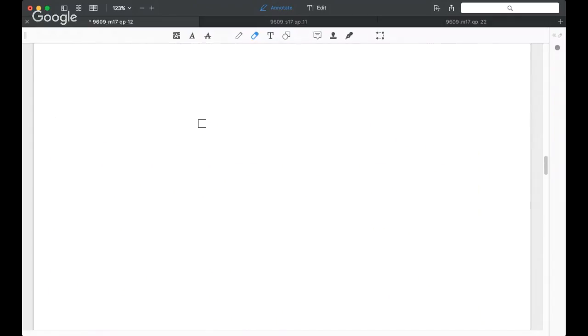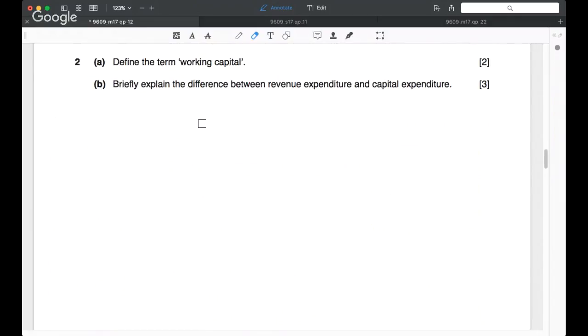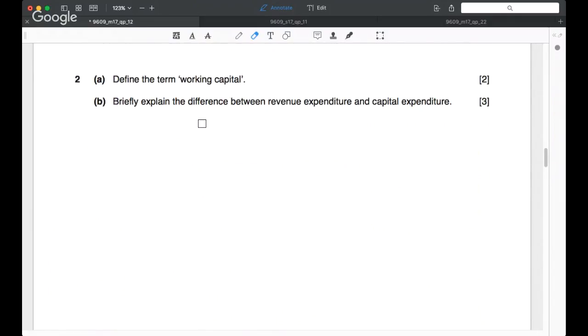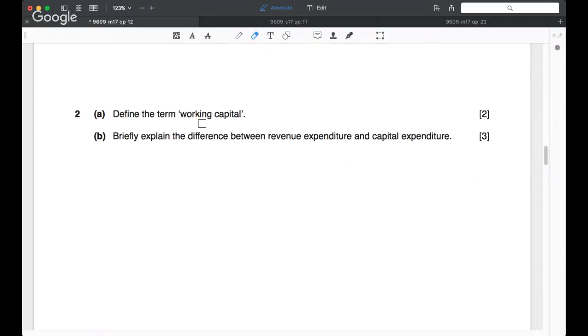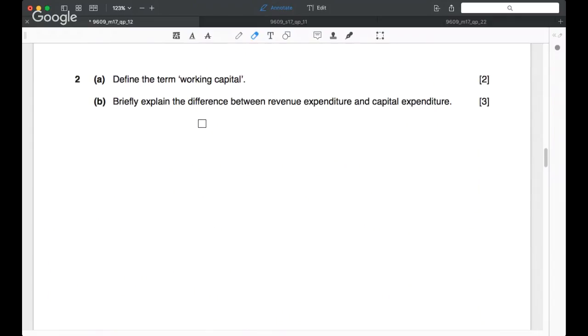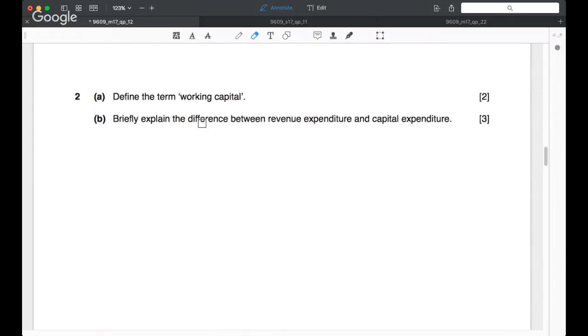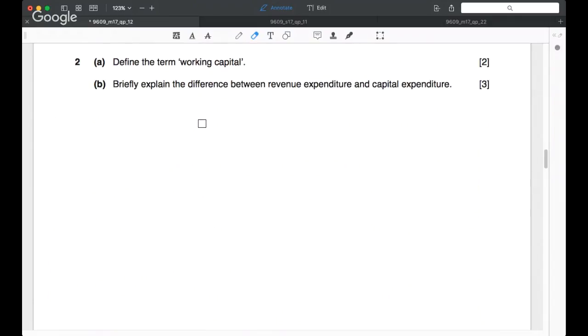2B: explain briefly the difference between revenue expenditure and capital expenditure. Revenue is your day-to-day money. Capital is the money that you probably have available for developing your business.